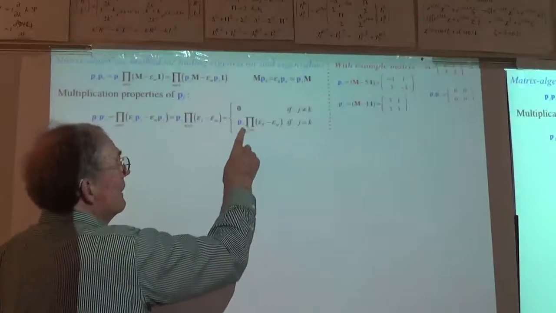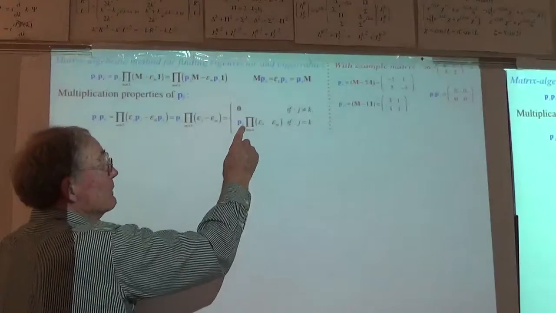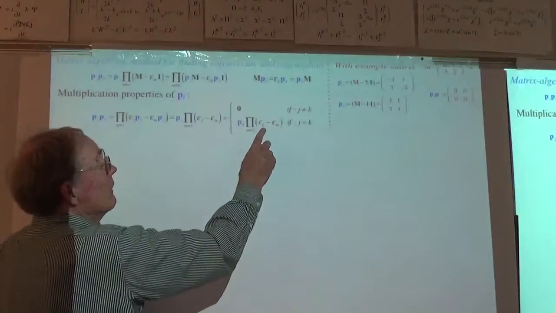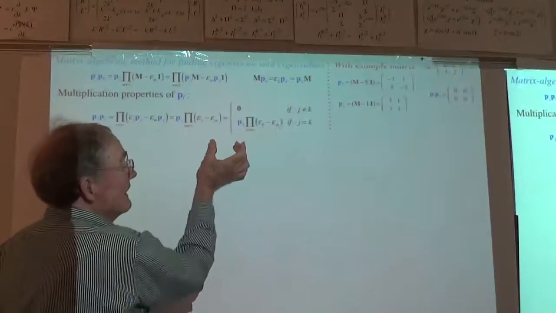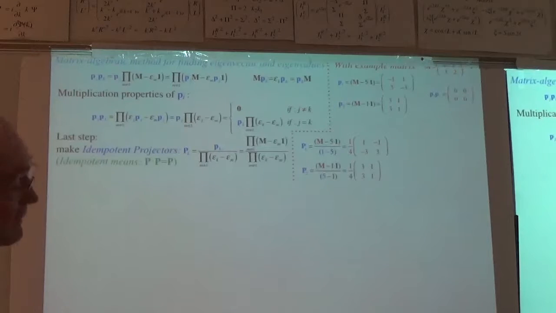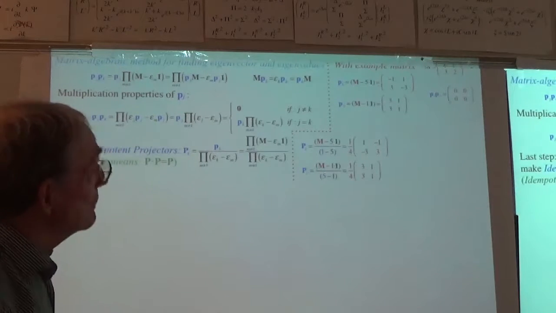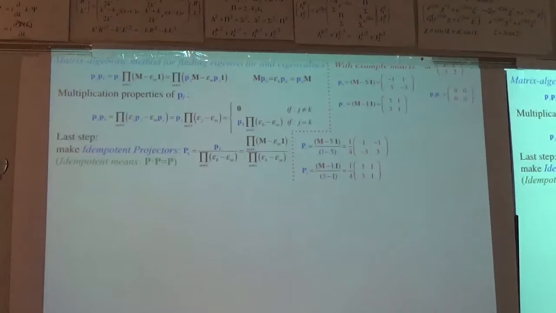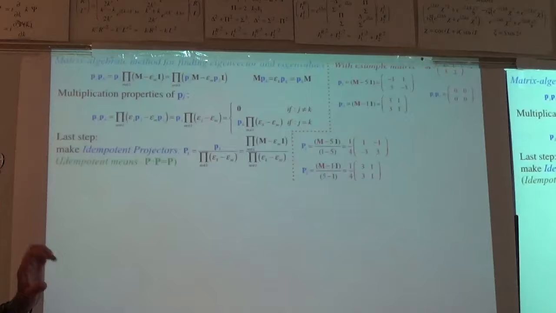So that's what we're going to divide by. For this particular operator Pk, we're going to divide by the product over all m except k. And that is the next step here, which produces the kind of projection operators that we really want. These are called idempotent projectors, not to be confused with impotent ones.